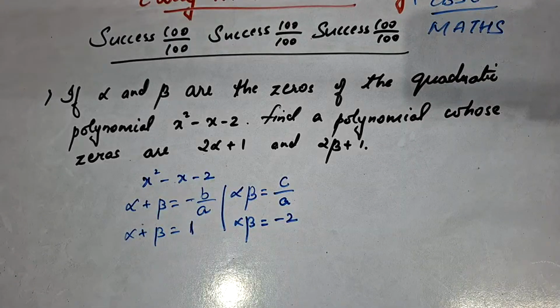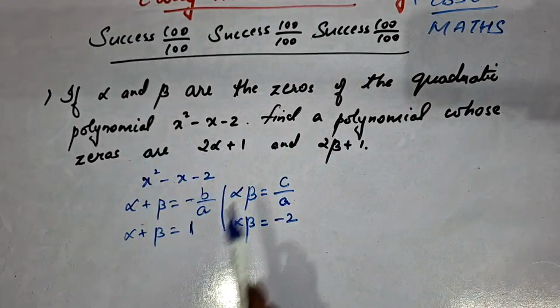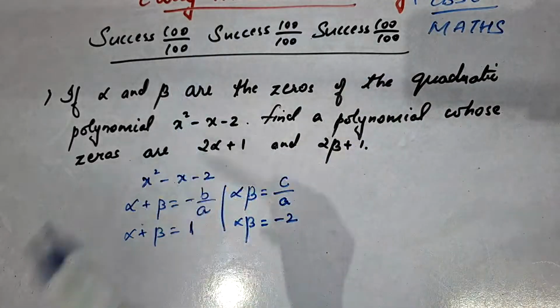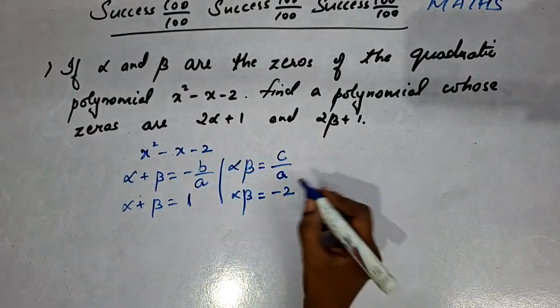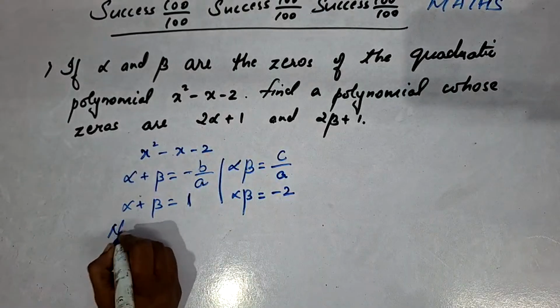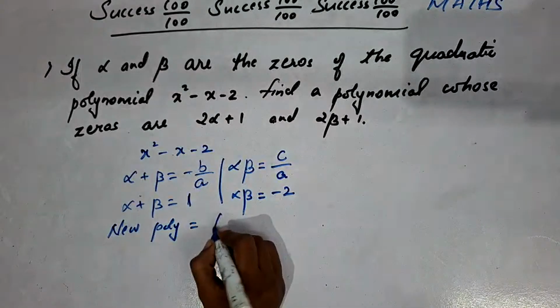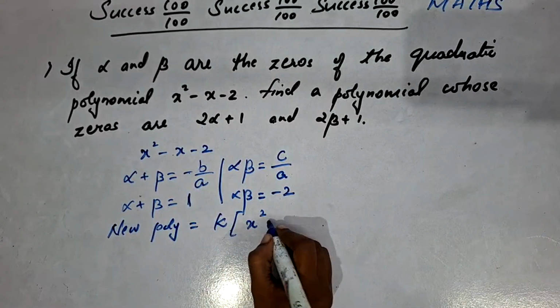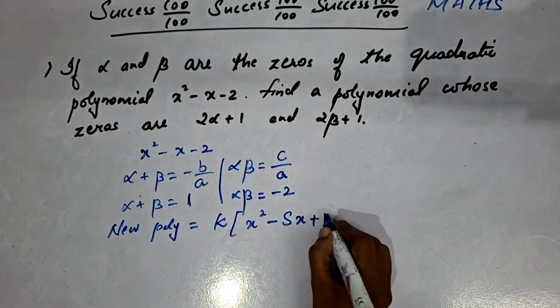Okay. So now you have to find the polynomial whose zeros are these. These are the zeros of a new polynomial. The formula for the new polynomial is k into x square minus sum x plus product.